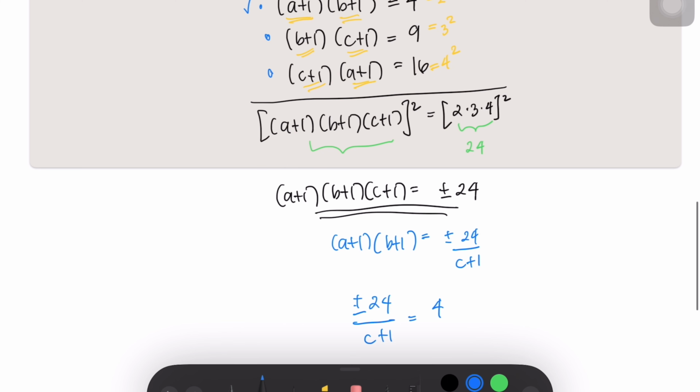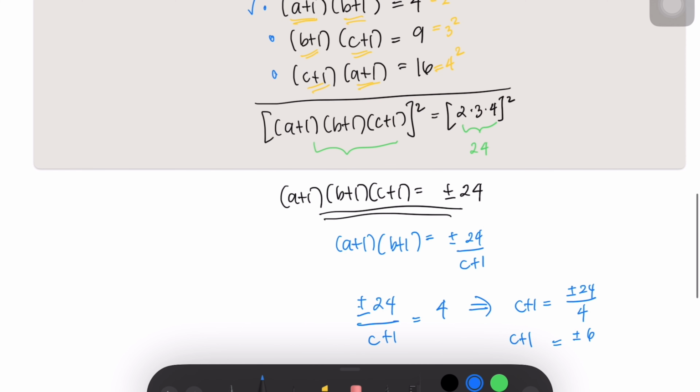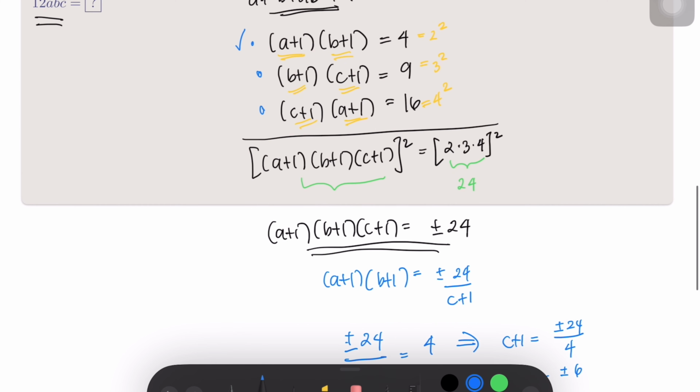Okay, so this first equation here should be equal to plus minus 24 over c plus 1 is equal to 4. In other words, c plus 1 is equal to plus minus 24 over 4, which is equal to plus minus 6. So I'll just put the result here. c plus 1 is equal to plus minus 6.